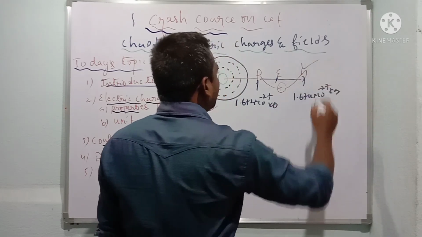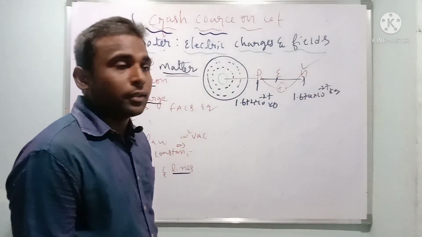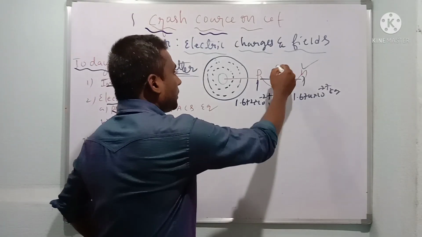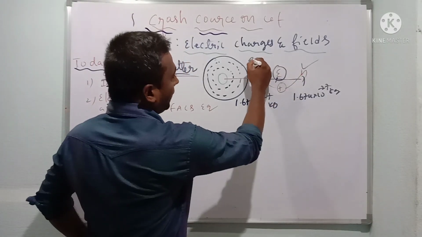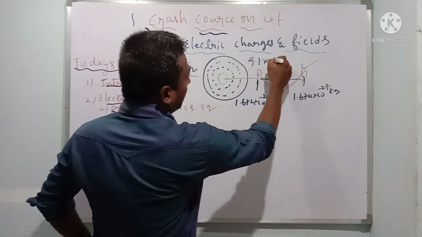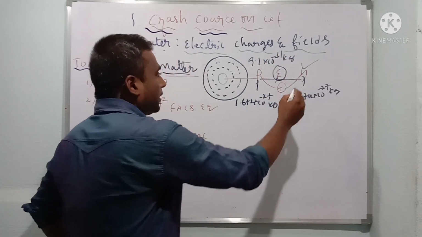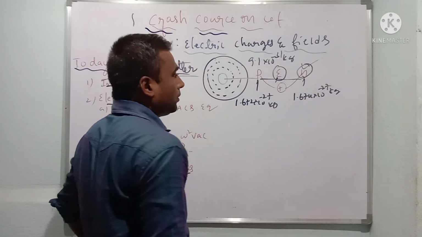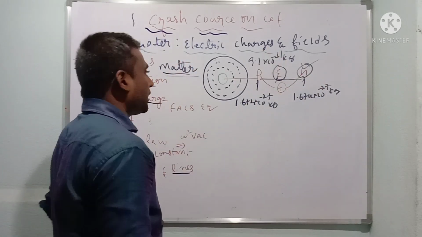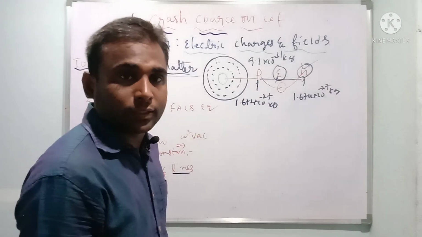Here the largest particles are neutrons and the smallest particles are electrons, with mass 9.1 × 10^-31 kg. Dear children, here the strongest particles are neutrons, and electric current is conducted on account of electrons.